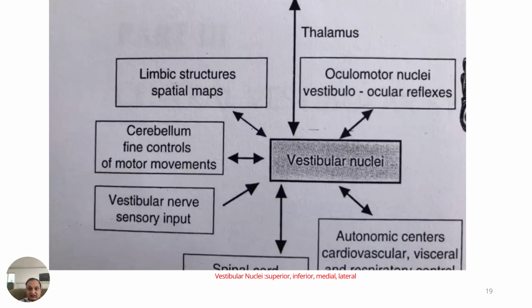But for the horizontal canal, the medial and the lateral rectus are stimulated and cause the horizontal nystagmus, or the horizontal eye movement.